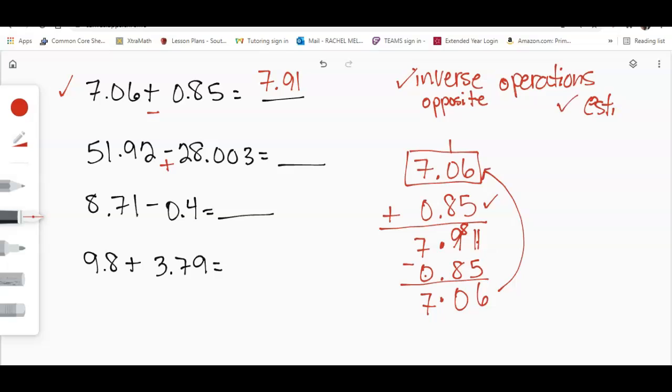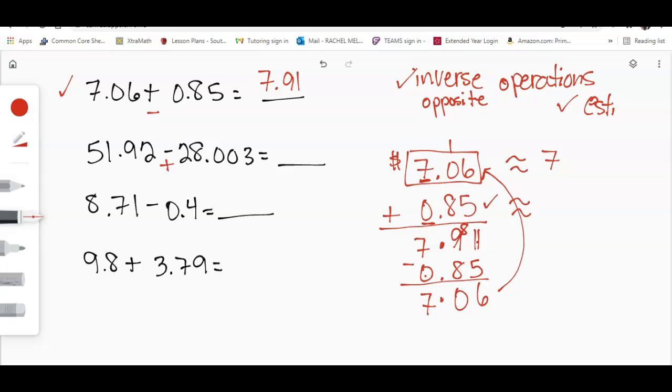I'm also going to check with estimating. So I want to round. I think I'm going to round 7 6/100 to 7. And I think 85/100 is really close to 1. If it helps you, think money. This is $7.06, so if I'm rounding to the nearest dollar, it's closer to $7 than it is to 8.